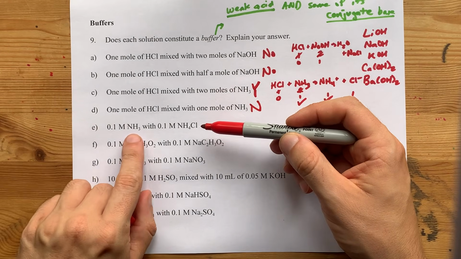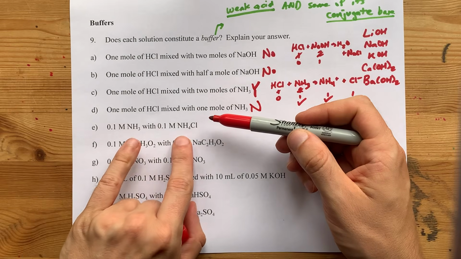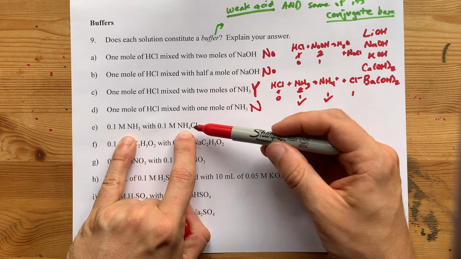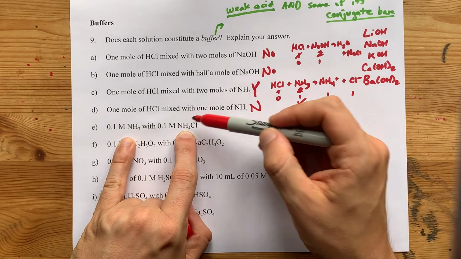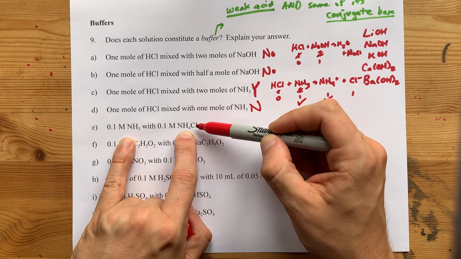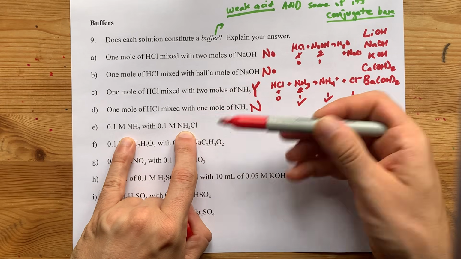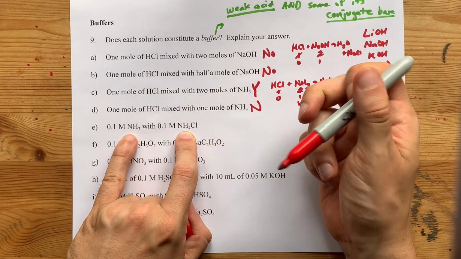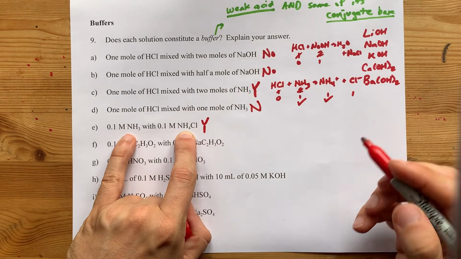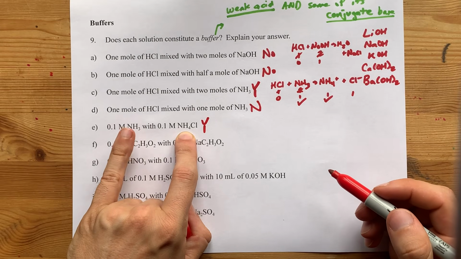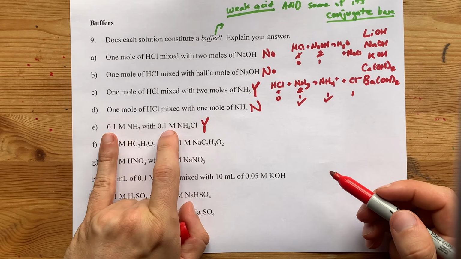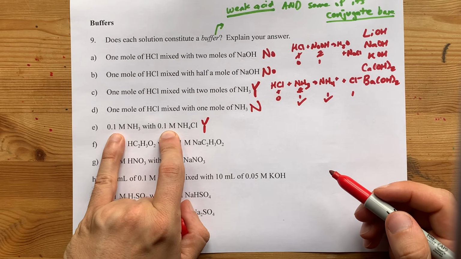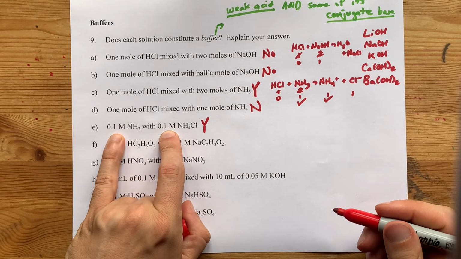In E, we have NH3, and we are directly adding its conjugate acid, NH4 plus, as a salt, NH4Cl, but that's going to dissolve, dissociate, and give me NH4 plus, its conjugate acid. This is a classic way to make a buffer. You add weak base and its conjugate acid directly to solution at the same time.